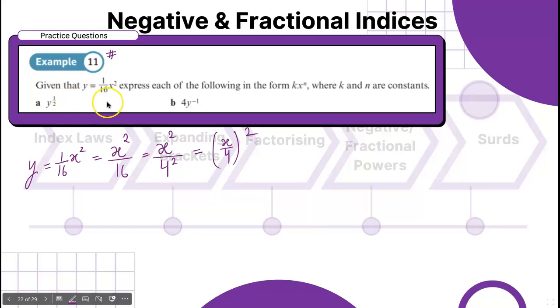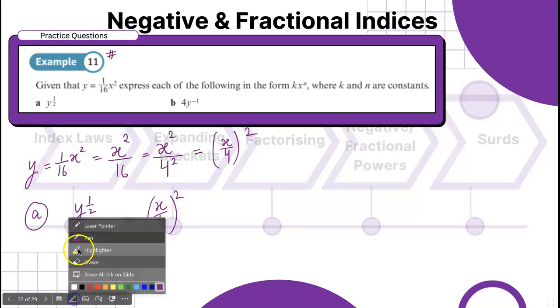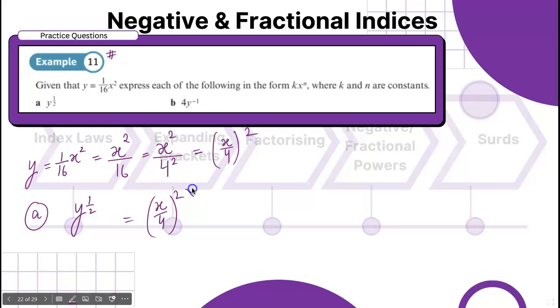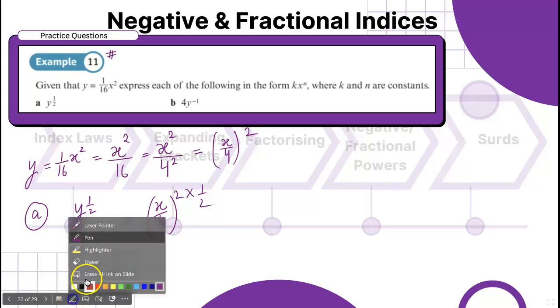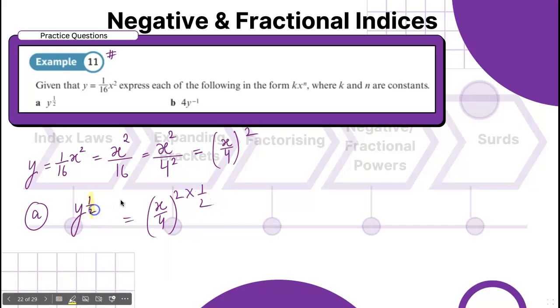Okay, now I just sorted it out. Now A part is asking us y to the power half. So what is y? Y is nothing but x over 4 squared, and you have to do a half, so this is half, and this complete thing is nothing but y. Hope that makes sense. So what will the answer be? That's simple.